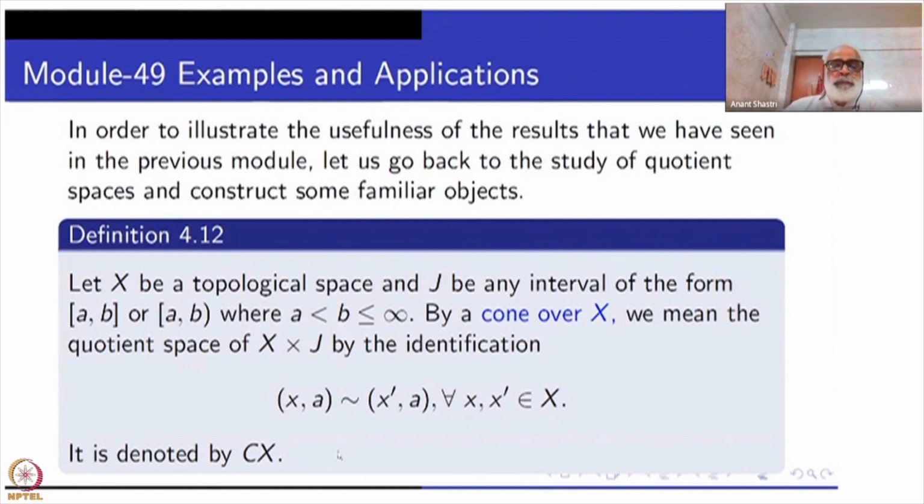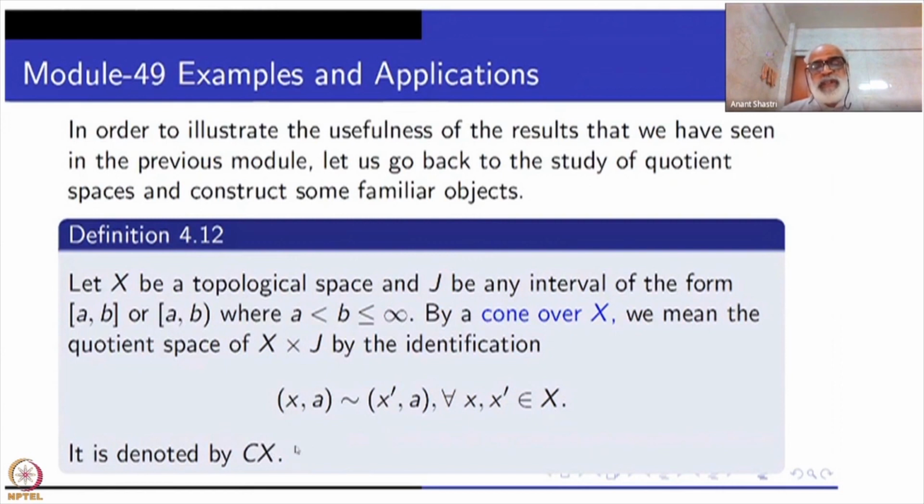In this case, by reflexivity every point is related to itself, which you have to take as part of the definition. Symmetry is already there, and transitivity is also obvious. So only the points X cross singleton A are identified to a single point, a single class here. That is the meaning of this cone over X.